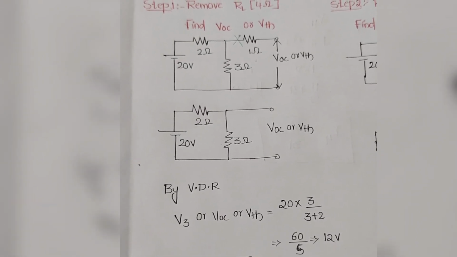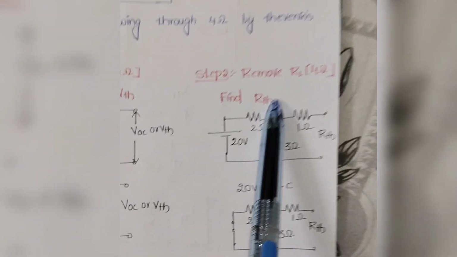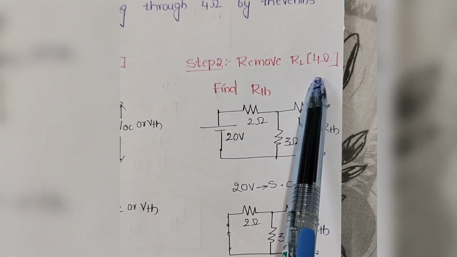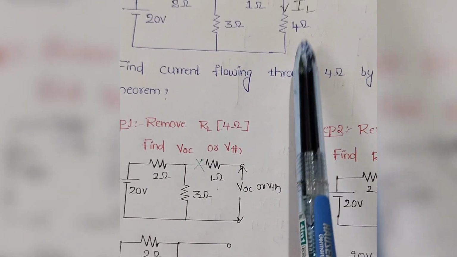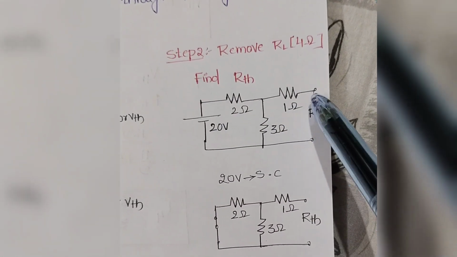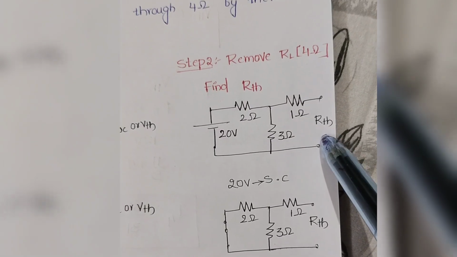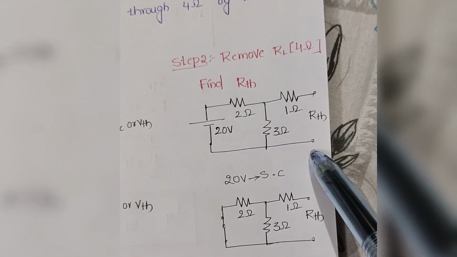And in Thevenin's theorem, our next step is remove RL, that is remove the 4 ohms, and find the resistance between these two terminals. That is, first remove the load, that is 4 ohms, and find the RTH between these two terminals.